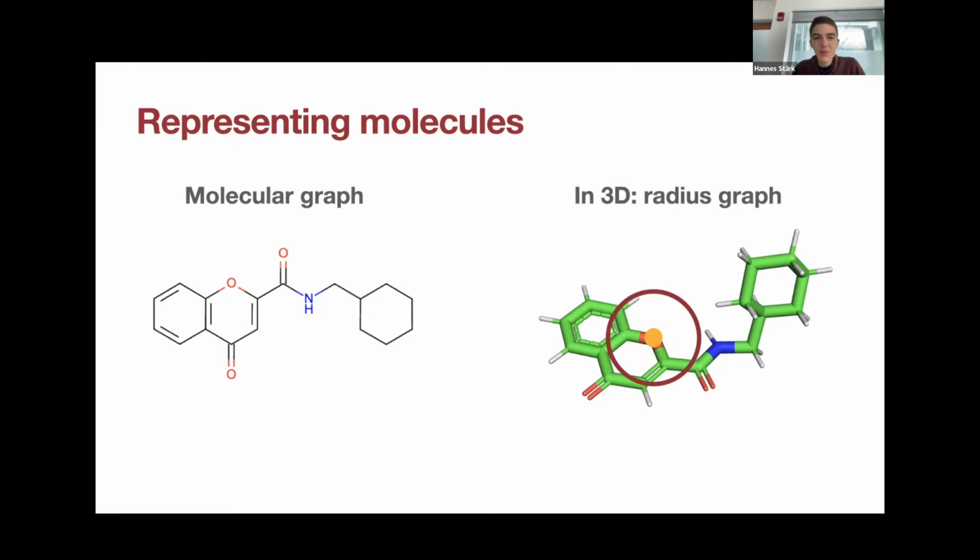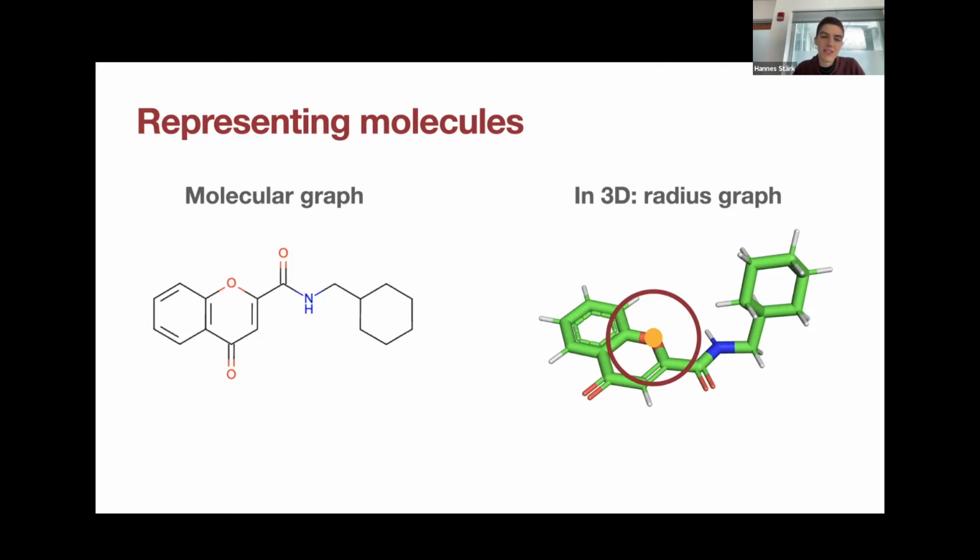Many people represented molecules as a string of letters, but maybe that is not the ideal representation. A much more natural representation is a graph, right? Molecules are essentially graphs.